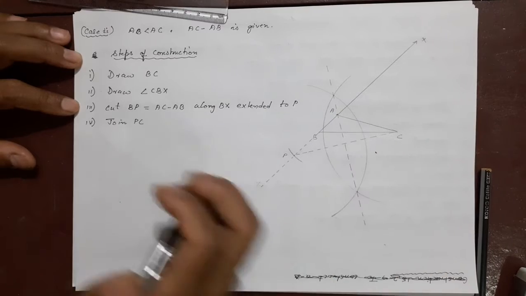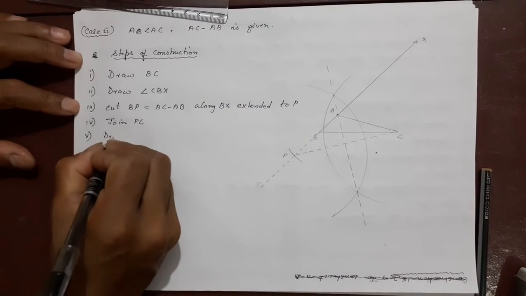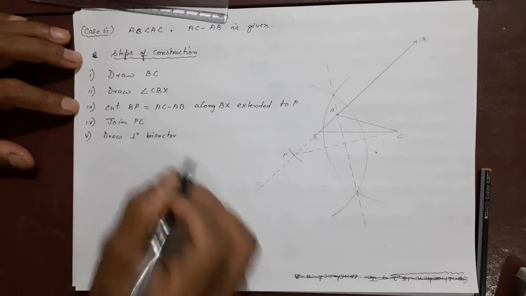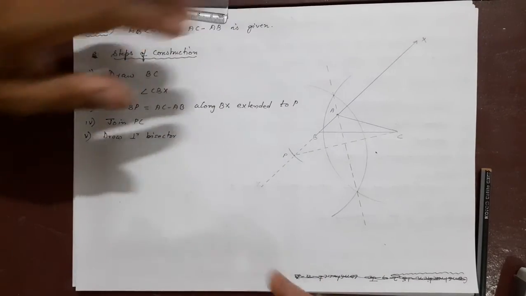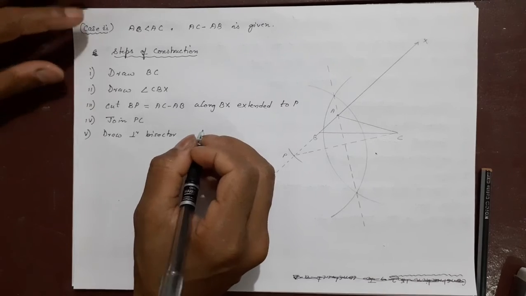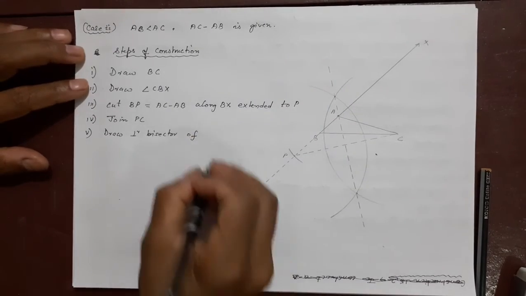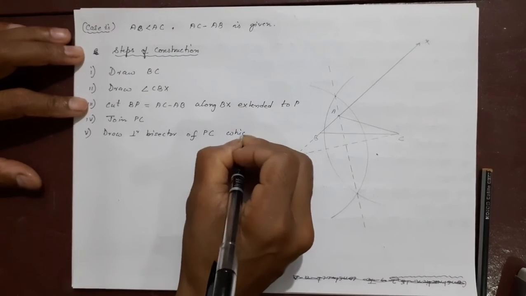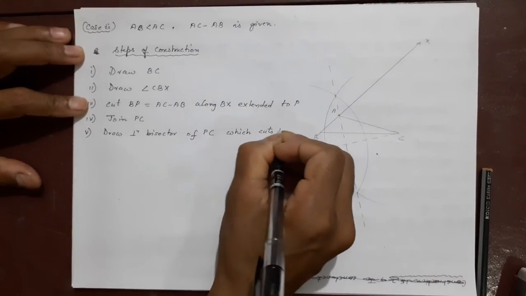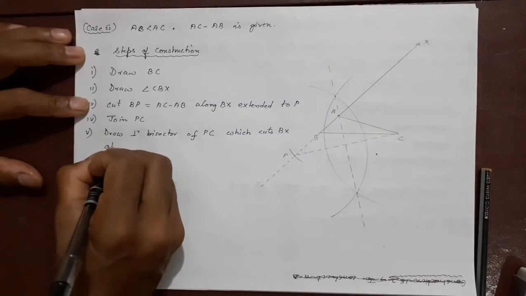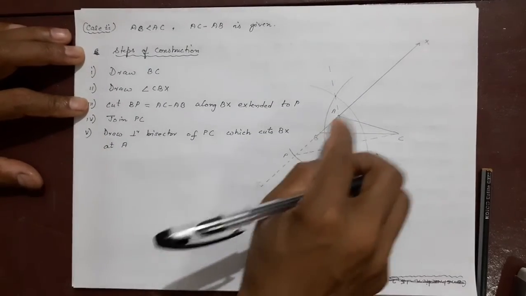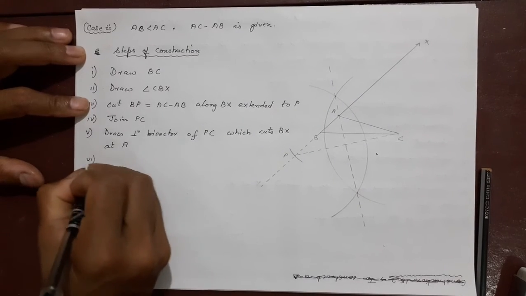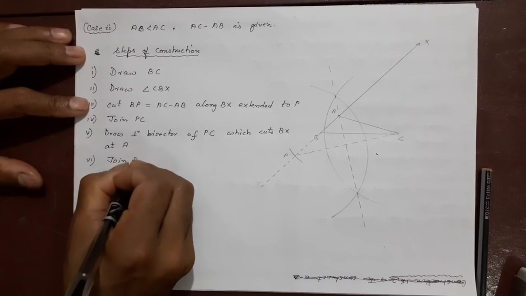Done, this was joined. Number 5, draw the perpendicular bisector of PC, which cuts BX at A. Now the next step is join AC.